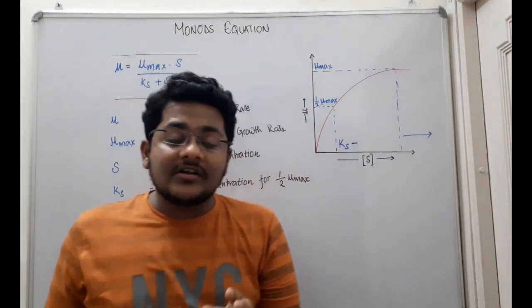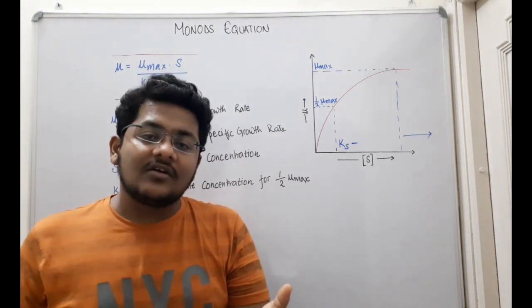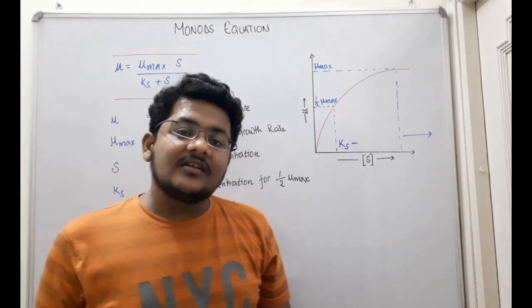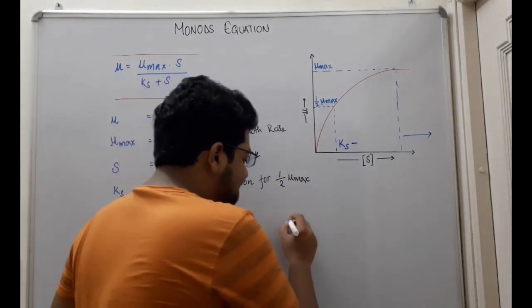One important thing Ks also tells us is the affinity of the microorganism for that particular substrate.